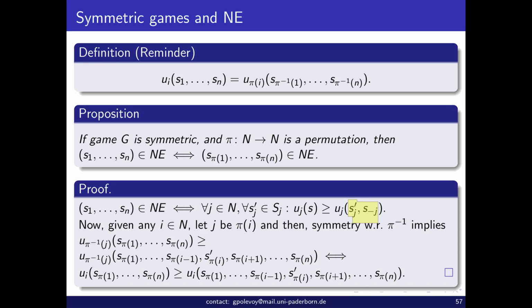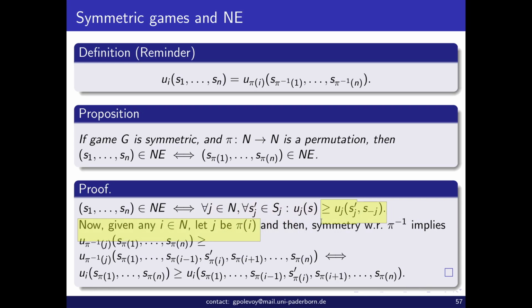We know the above for any j. So given i, let j be P of i in this inequality.